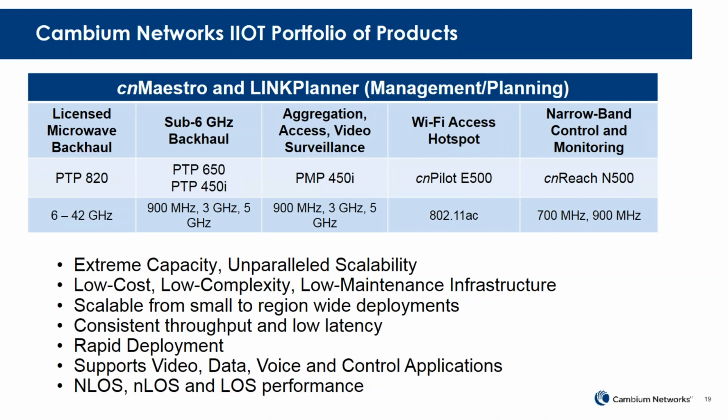And then I gave you many examples of cnReach, which is our narrowband process control and monitoring application. And this is really closest to the core of what we think about when we think about IIoT, is being able to do machine-to-machine connectivity and do that process control and monitoring.